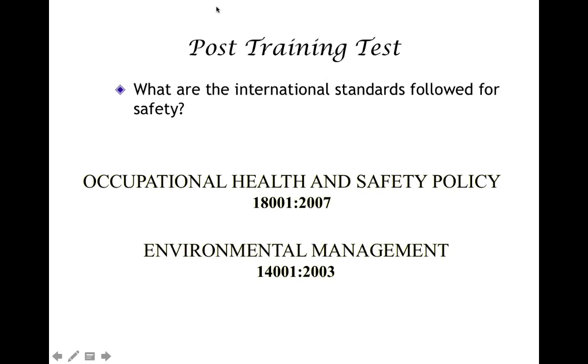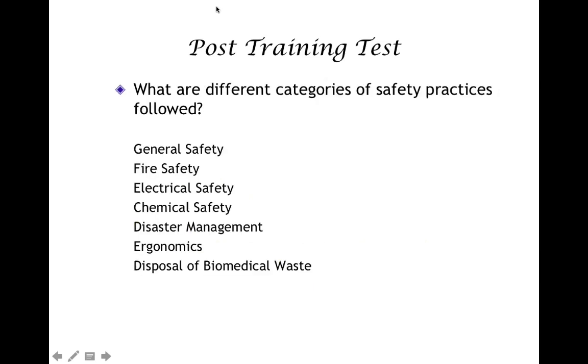The international standards are Occupational Health and Safety 18001, Environmental Management 14001, and there is one ISO document also, ISO 15190. Different categories of safety practice: general safety, fire safety, electrical safety, chemical safety, disaster management, ergonomics, and disposal of biomedical waste.